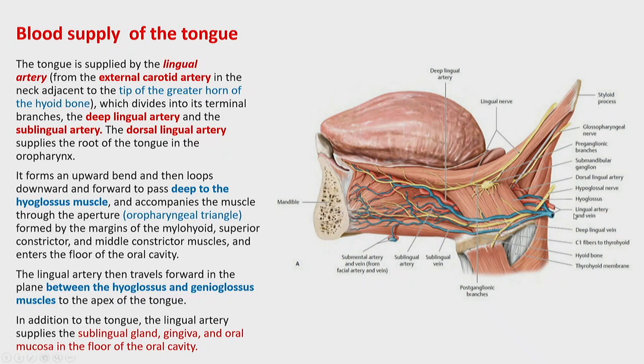And then here, when it's going from the back side toward the anterior side, then it is dividing to the main branches. One of the two main branches that continue, it's the deep lingual artery, which is here, and it reaches to the apex of the tongue.